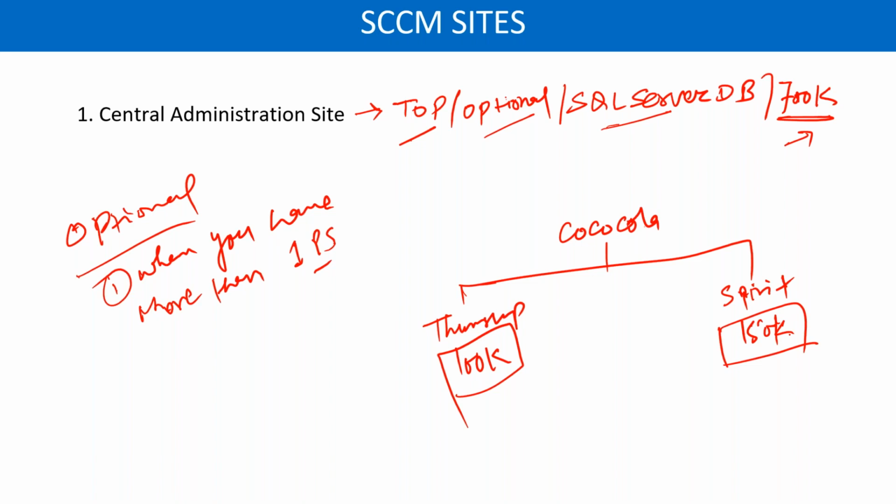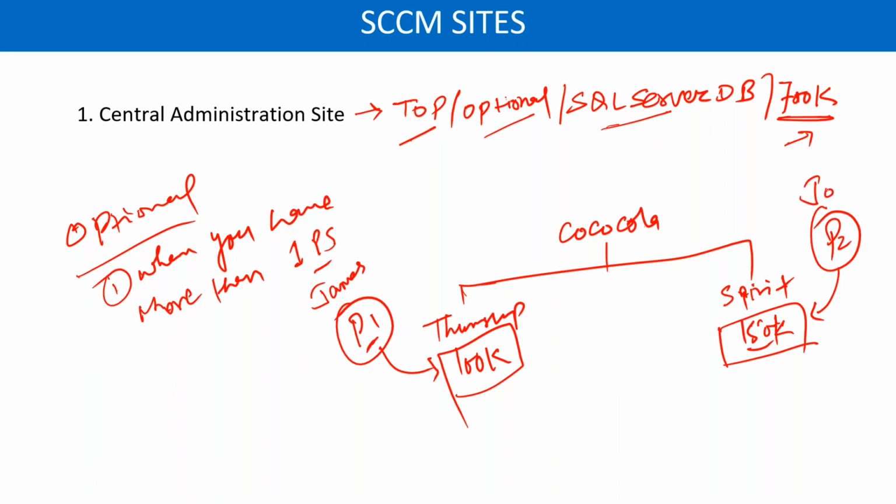So we will have primary site 1 to manage the 100,000 devices of Thumbs Up. We will have primary site 2 to manage the 150,000 devices of Sprite. Now one person, let's say James, will manage primary site 1 and John will manage primary site 2.